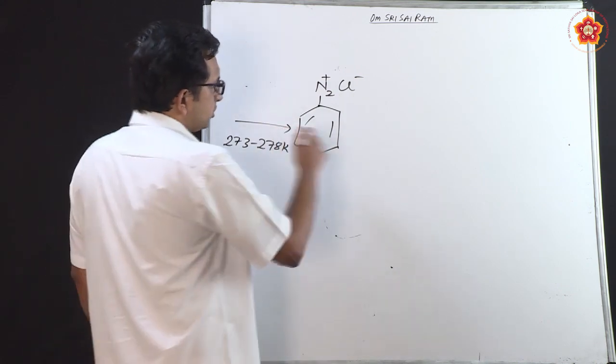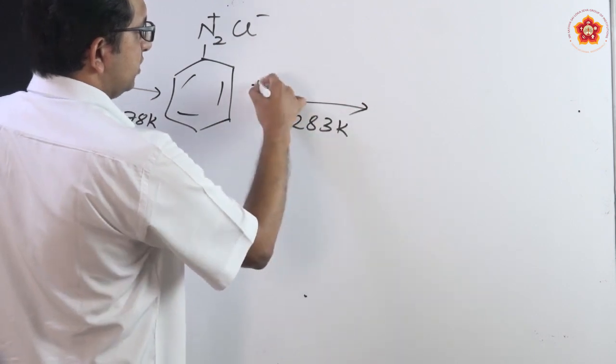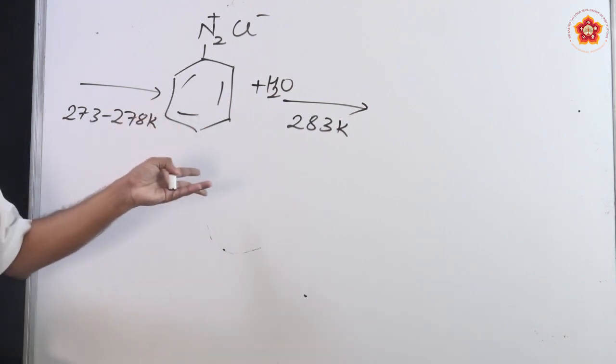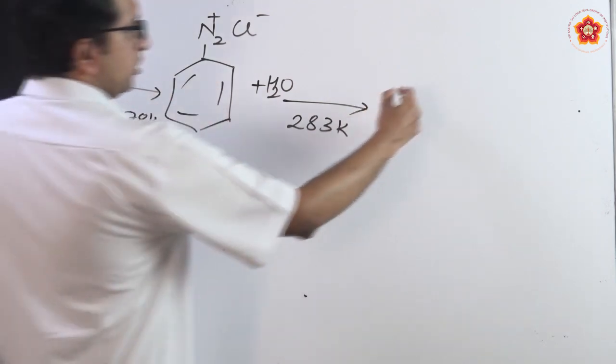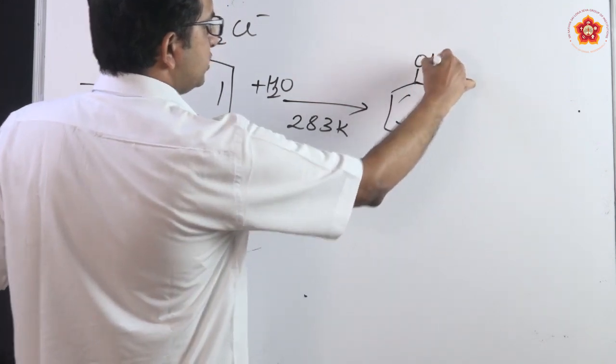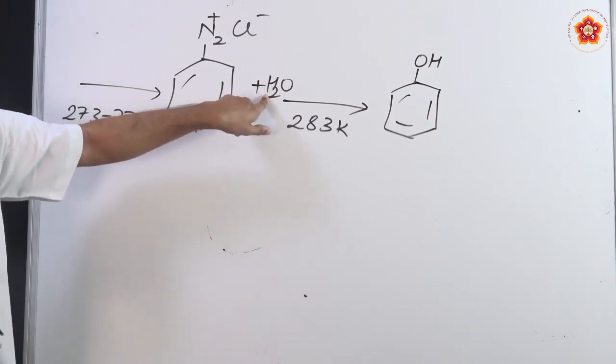Now, to this reaction, if I increase the temperature to say around 283, and naturally water molecules will be present because it is a solution, it directly reacts with water, and therefore benzene ring will combine with OH, which is a phenol. Where did you get the OH from? You got it from water, H plus OH minus.